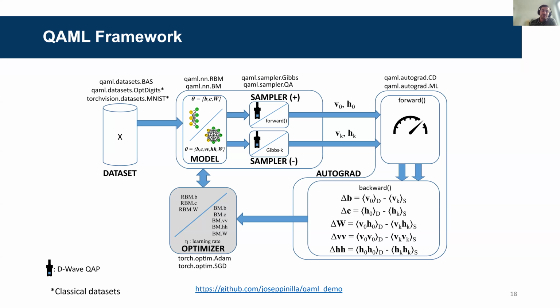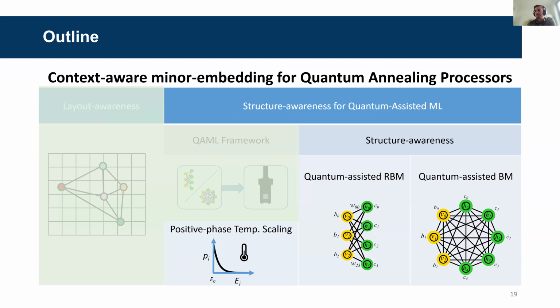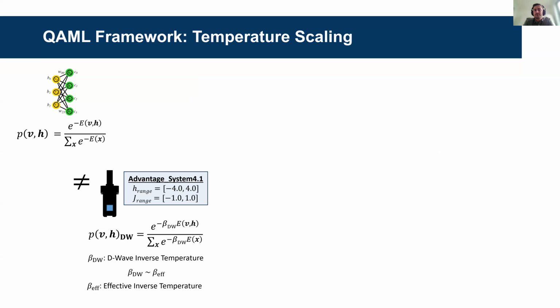However, like I mentioned before, there was a problem that we found in prior work. And I'm going to go on a quick tangent here just to talk about it and to tell you why it's significant. So just to go in more detail, basically the reason why we can use these devices is because both the models, like the Boltzmann machines, and the device are meant to provide samples that can be characterized by a Boltzmann distribution.